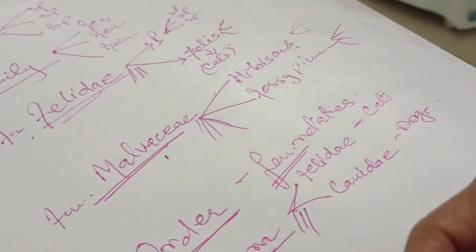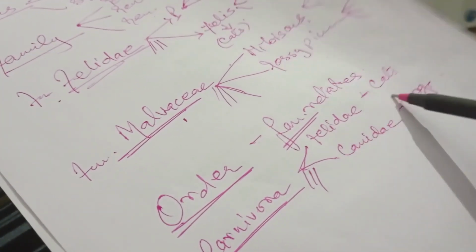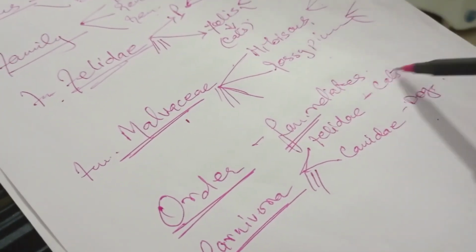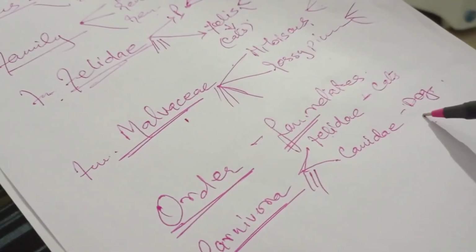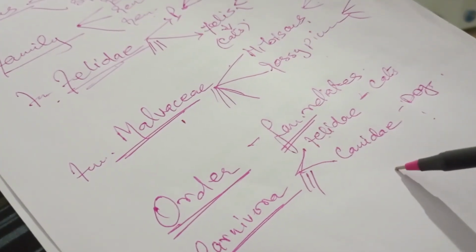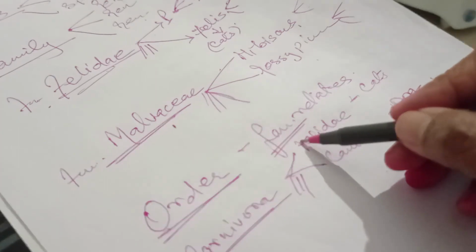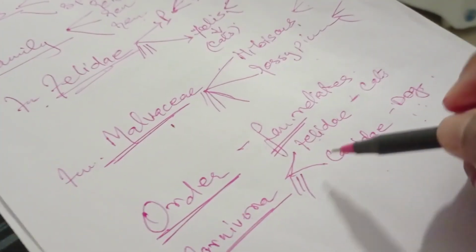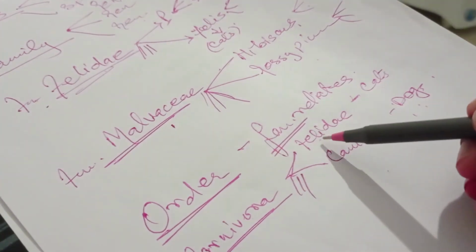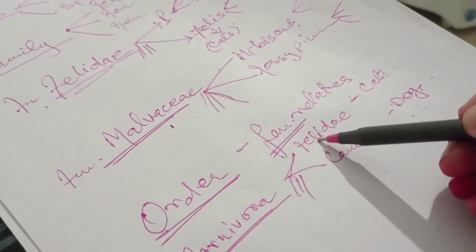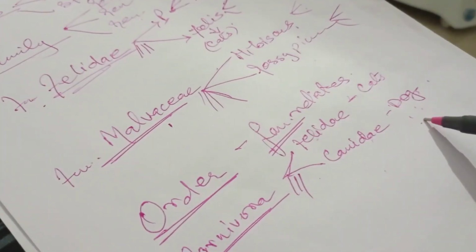Now see, order is Carnivora, and the families are different for cats and dogs. All the cats are similar in character, all the dogs are similar in character, and both are different from each other, so different families are there. Order Carnivora includes many families such as Felidae, which is the cat family, and Canidae, which is the dog family.